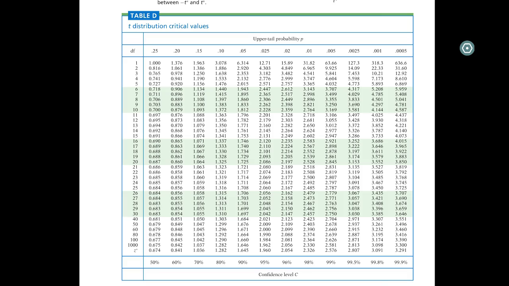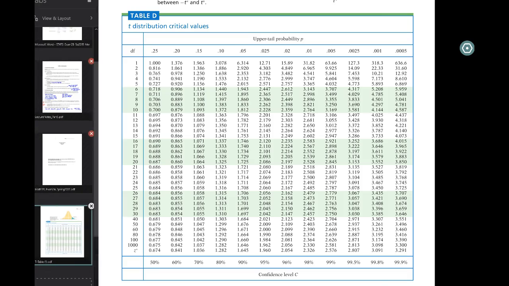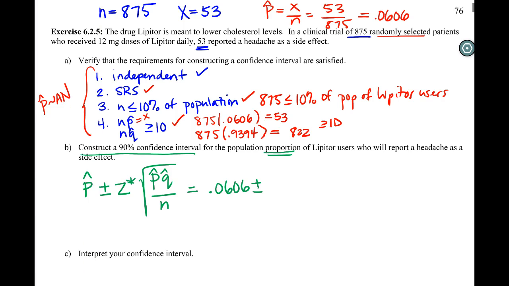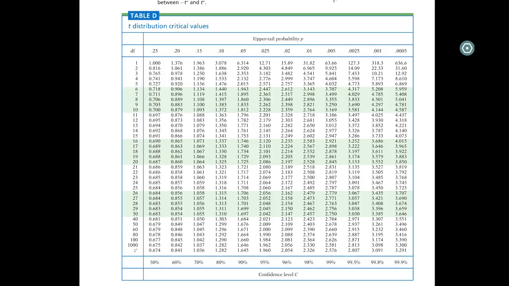All right, so I'm back and I found my t-table. Just to remind ourselves, we were looking for a z star, which is our critical value, and we knew we had a 90% confidence interval. This is a table I will be giving you on the test, a t-table, and the very last part of our t-table has all of our confidence levels and their z-stars.